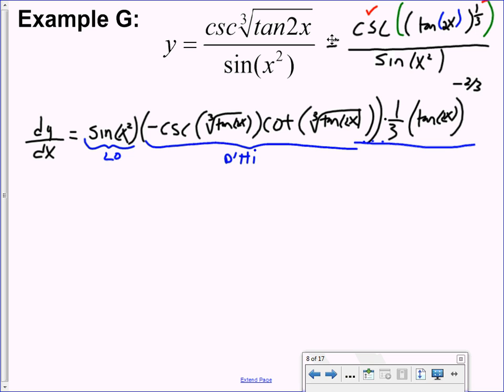We have to multiply it by the derivative of the next function, which would be the tan. So I have to go into the next line already. So times the derivative of tan of 2x would be secant squared of 2x. So we got that one done. And now finally the innermost layer, 2x, its derivative would be 2.